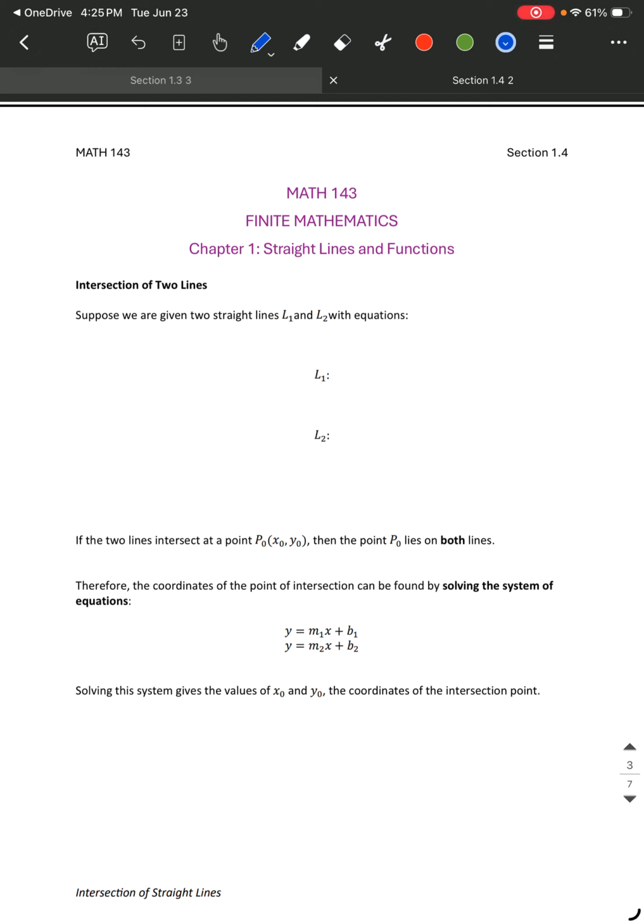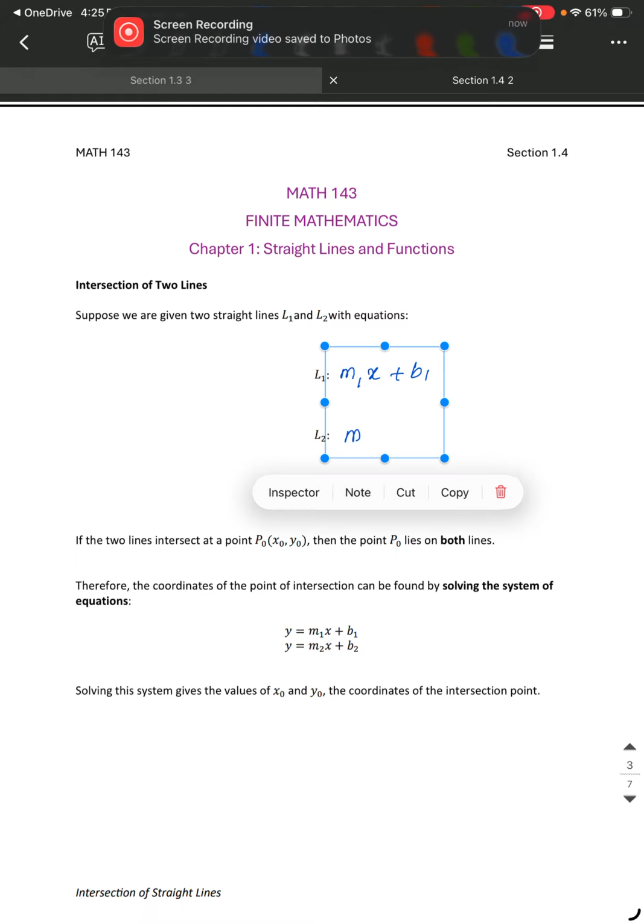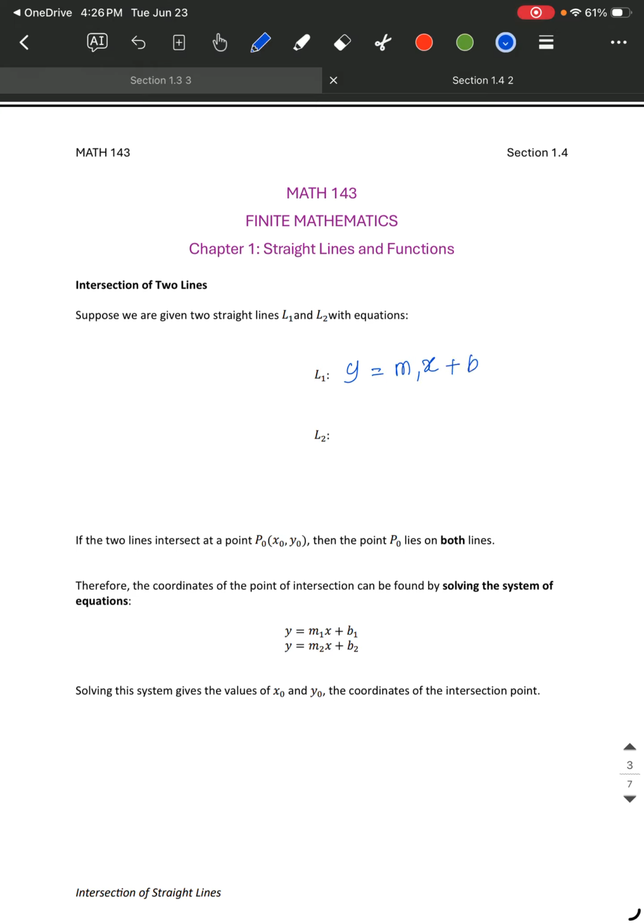Let's say we have two straight lines L1 and L2 with the equations y equals m1x plus b1 and y equals m2x plus b2.